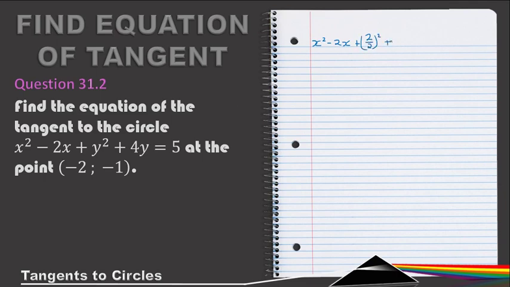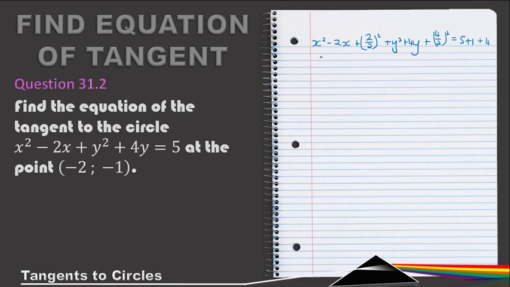Then copy plus y squared plus 4y and add the coefficient of y, so that's 4 over 2 squared, and that's equal to 5. Now on this side I added 1 because 2 over 2 is 1, squared is 1, so add 1 on this side. On this side I added 4 over 2 is 2, squared is 4, so plus 4.